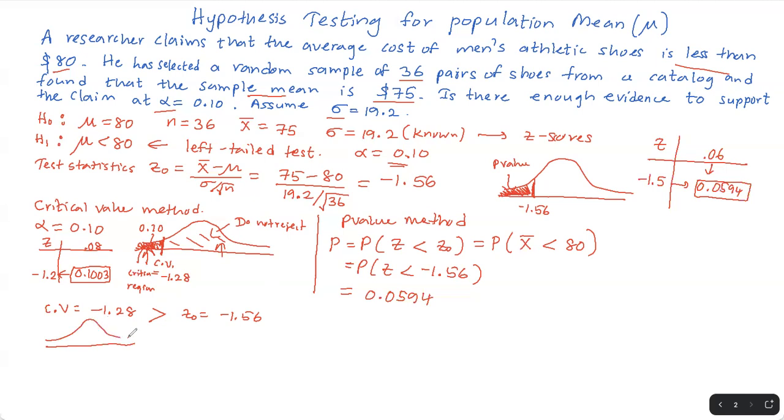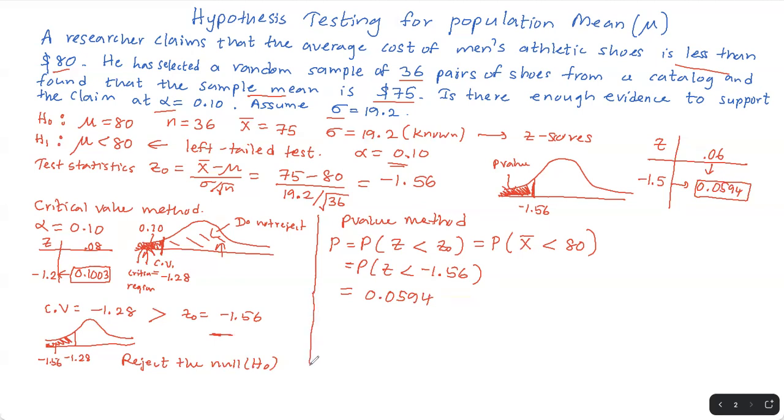Your critical value is negative 1.28, but your test statistic value is less than negative 1.28, so it's in the critical region. So therefore, we reject the null, which is H0. That is the decision according to the critical value method.